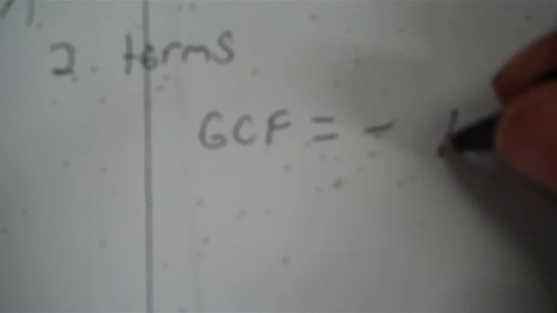So I'm going to go for a greatest common factor. We have the negative in front, so negative. We also got x squared and x, so we're going to put x right there. And then I take 3 and 30.